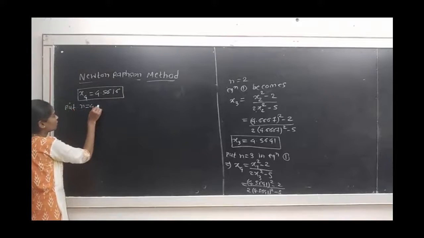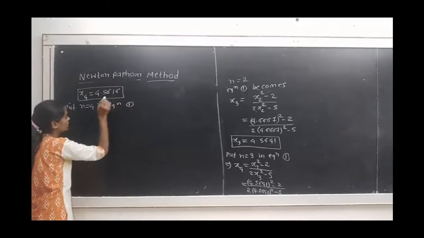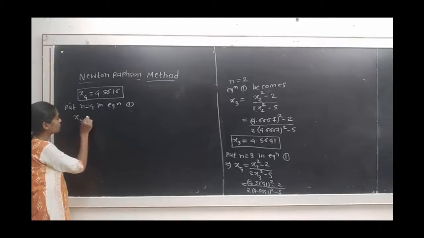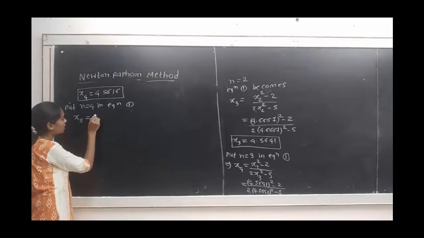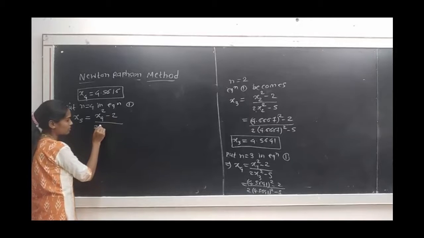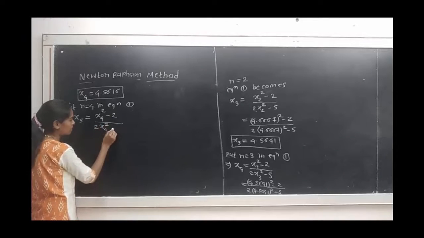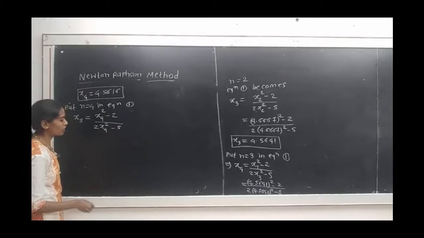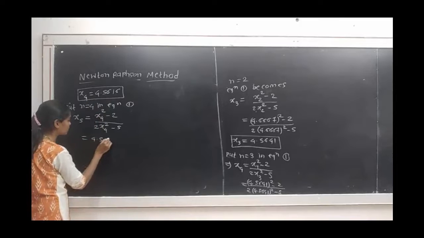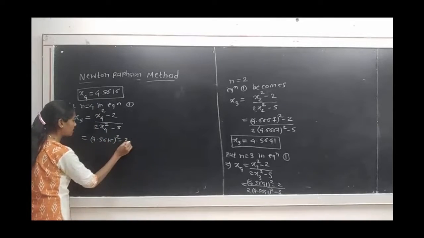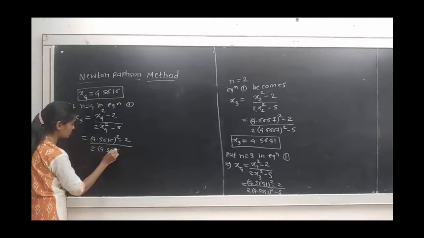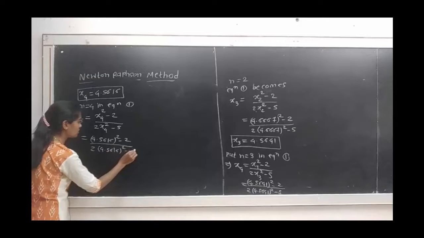Then again we find the next approximation, that is, put n = 4 in equation number 1. Equation number 1 becomes x5 = (x4 square minus 2) divided by (2 x4 square minus 5). We put here the value of x4, that is 4.5616 square minus 2 divided by 2 in bracket 4.5616 square minus 5.